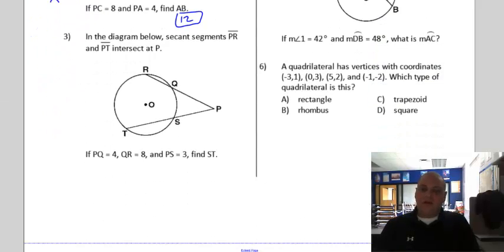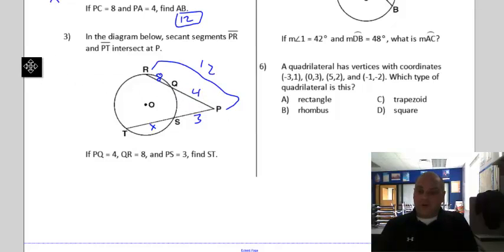In the accompanying diagram below, secant segments PR and PT intersect at P. So there's two secants here. PQ is 4. QR is 8, so the whole thing is 12. PS is 3, and we don't know TS. That's what we're trying to find. So again, outside times whole equals outside times whole.